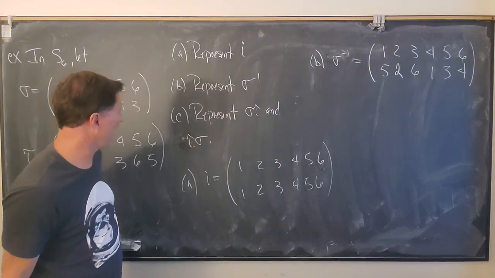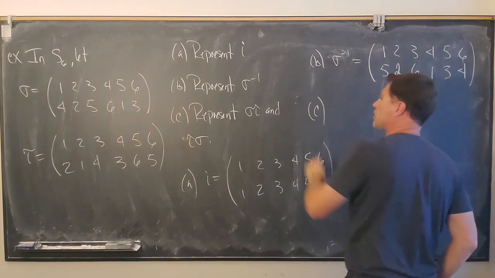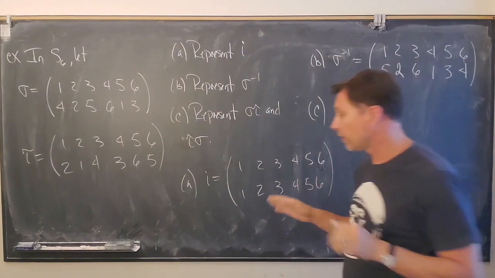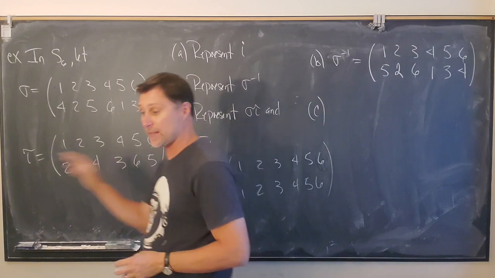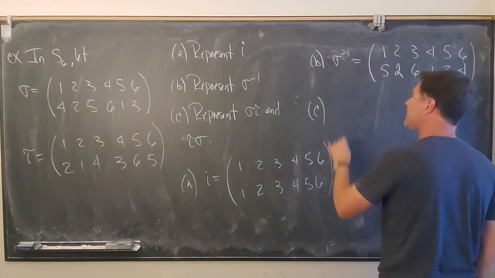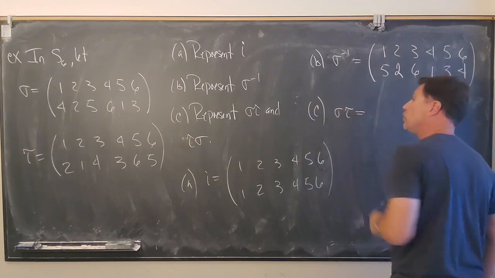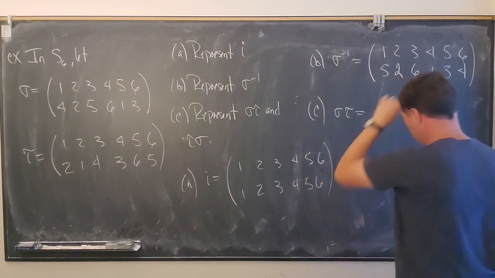And then we're going to do the compositions. So remember, composition is one of the few places in math where we have to read right to left. So when we do sigma tau, that means that you do tau first, then sigma.